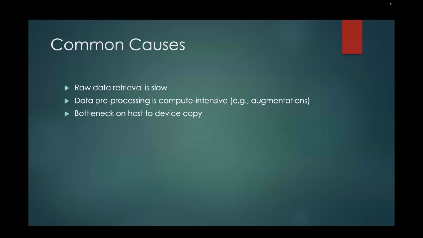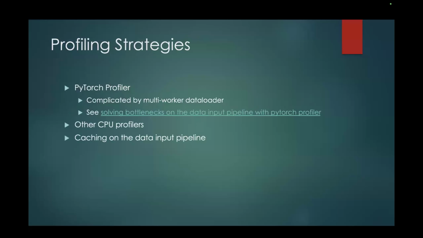For example, in the case of training, often we will have data augmentations that will sometimes be quite heavy. Another common cause that we see quite often is bottlenecks on the host-to-device copy. We call it the last stage of the pre-processing or the data input pipeline, when the CPU copies the data batch onto the GPU. So those are the common causes.